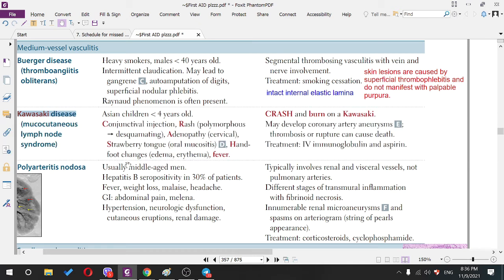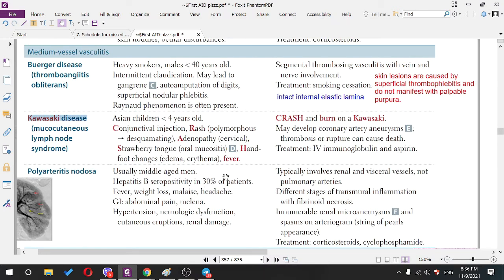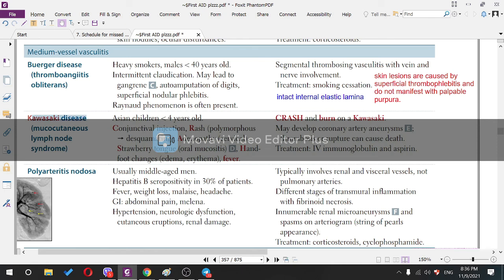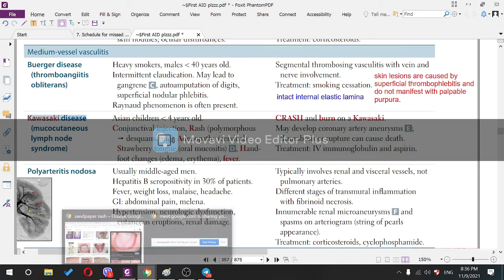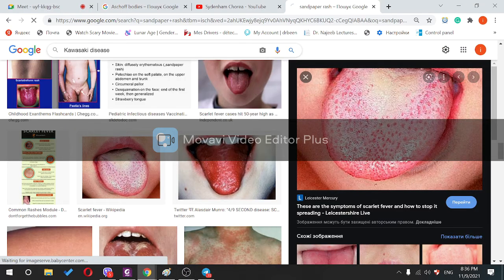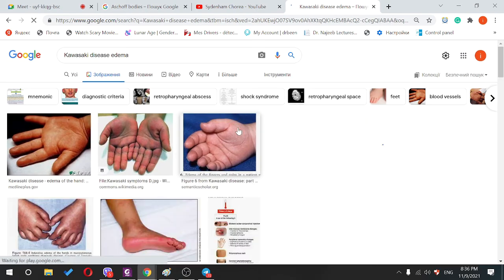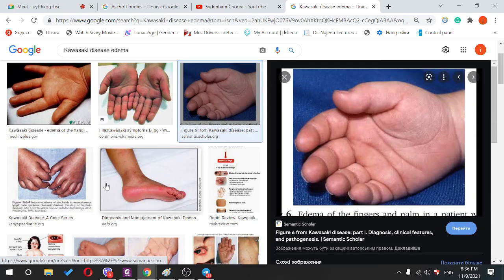Okay, so hand-foot changes will occur, such as erythema, edema, and also fever. The edema is important. It's the most important thing. You must know that they have this hand and foot edema. Just a second, I want to show you the edema. Yeah, you can see the edema on the palms and soles.